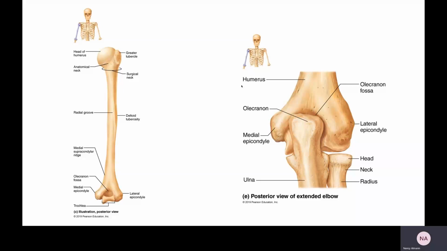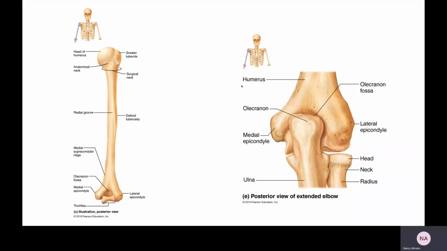That will articulate with the trochlear notch of the ulna and give you the ability to flex and extend your antebrachial region at the elbow. That allows you to flex and extend your arm at the elbow.